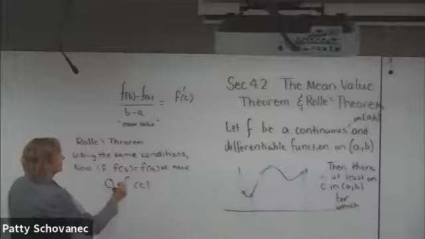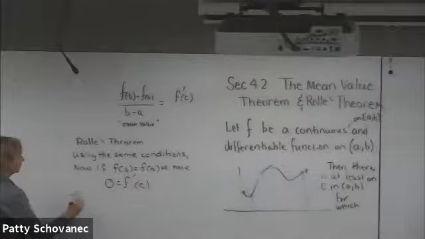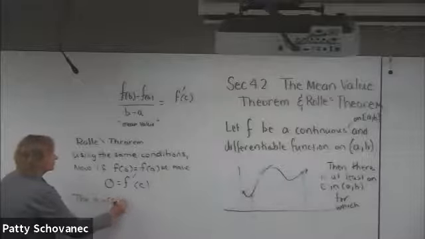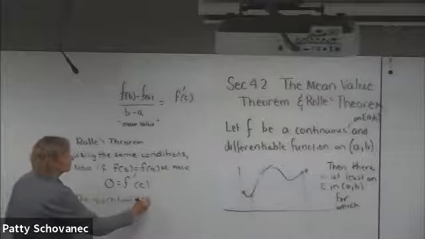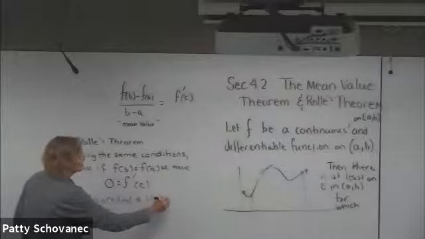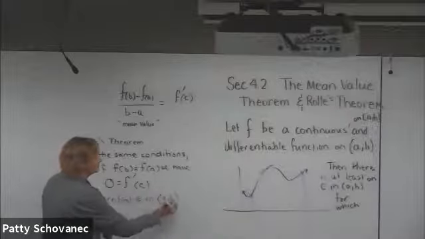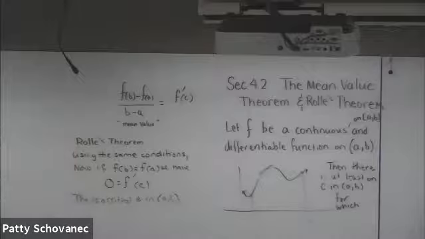We have that statement. So there is some critical number c in the open interval from A to B. That's what Rolle's theorem says. Two y values are the same, and you know there's a critical number in there.